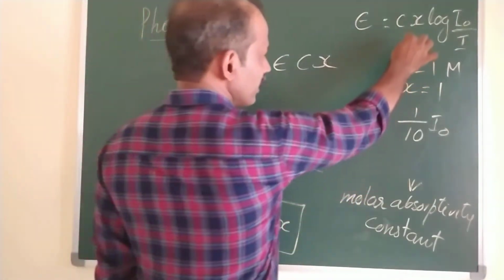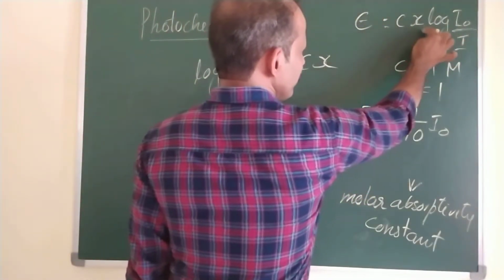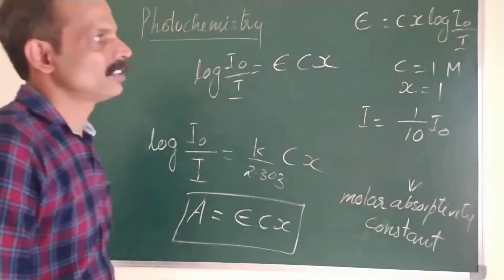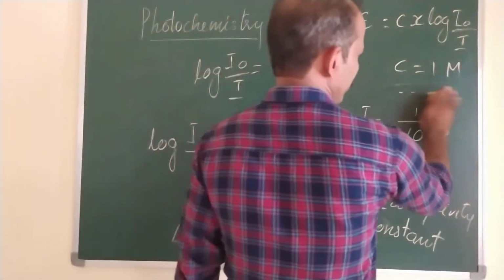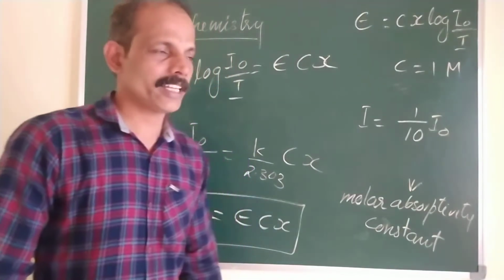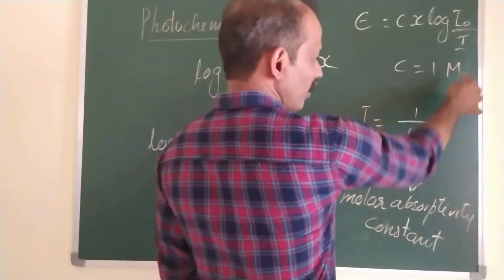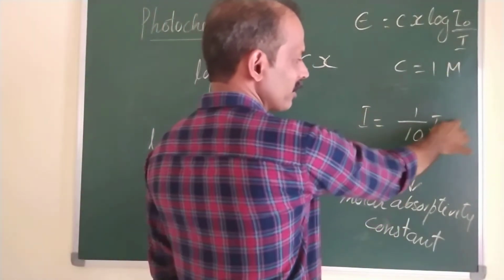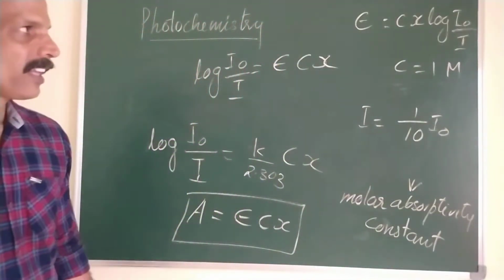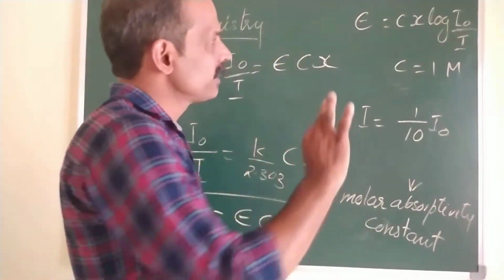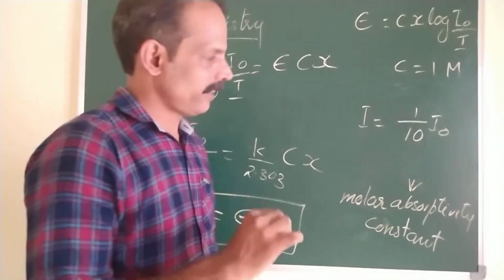And we get epsilon is equal to, C is equal to 1 molar and I is equal to 1/10 of I0.